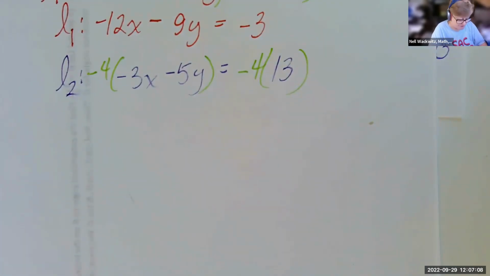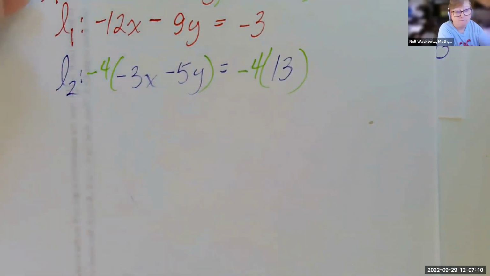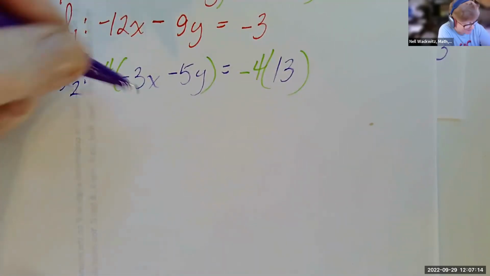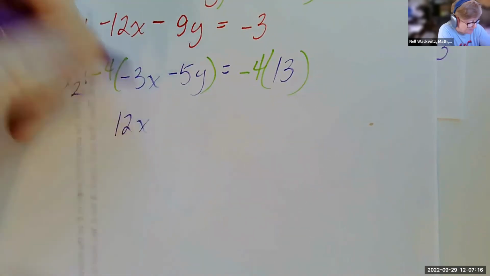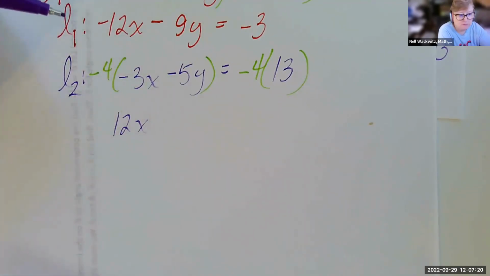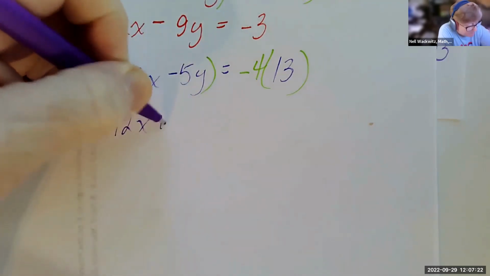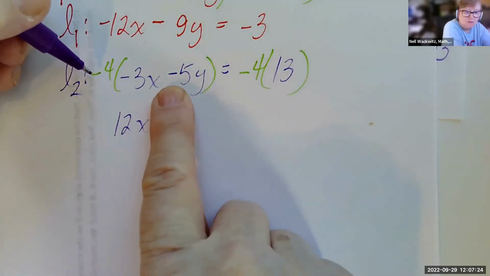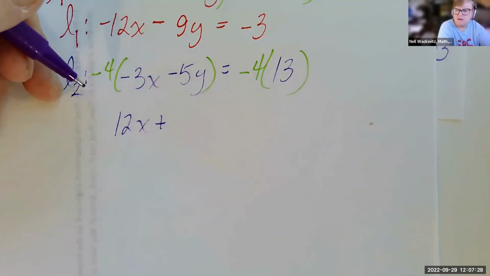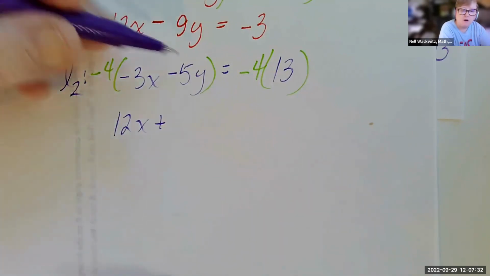Negative 4 times negative 3 is 12. And 4 times 5 is 20. We've got two negatives, always think of those.